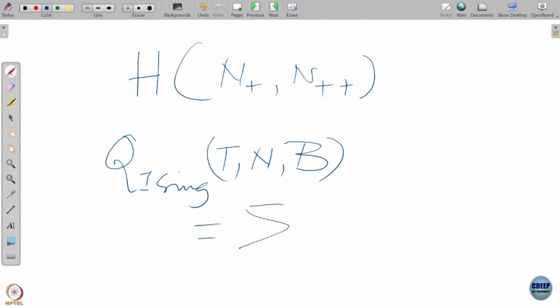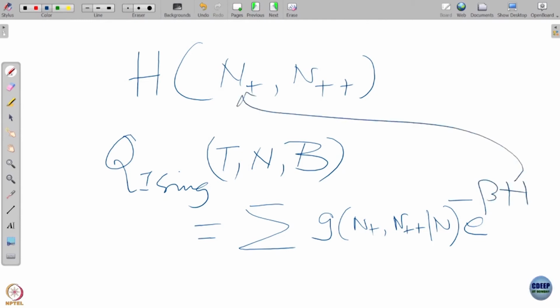I need to sum over G, this H. If I can do that, I am all set. But I can express H in terms of n plus, but I cannot evaluate this quantity. This is now the final barrier that we face. Till now everything is done exactly, but we cannot do that. Okay. So we are stuck.